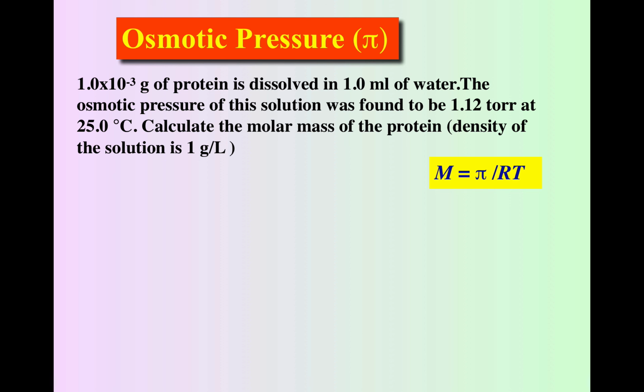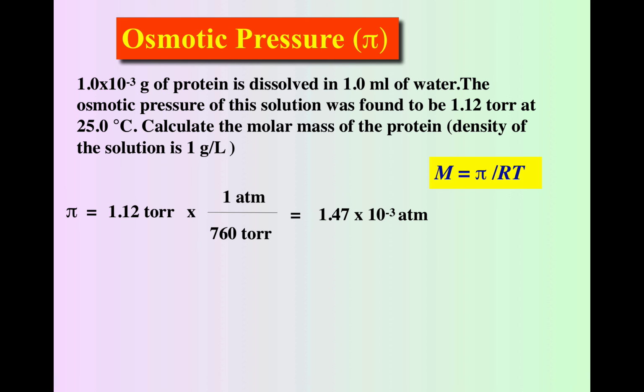So I can rearrange pi is equal to MRT by dividing both sides by RT. So I can solve for the molarity of the solution. If I've got moles per liter and they're giving me a density of, oh, there it is, density, grams per liter, we can use that conversion factor to go to grams per mole.